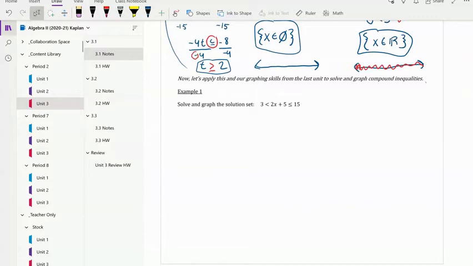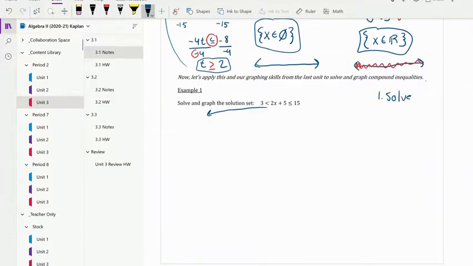And so in this particular case, hopefully you remember, this is essentially an and statement. So we actually want to break this down into its two separate inequalities, right? So we've got 3 is less than 2x plus 5, and 2x plus 5 is less than or equal to 15. So the middle piece belongs in both inequalities, right?